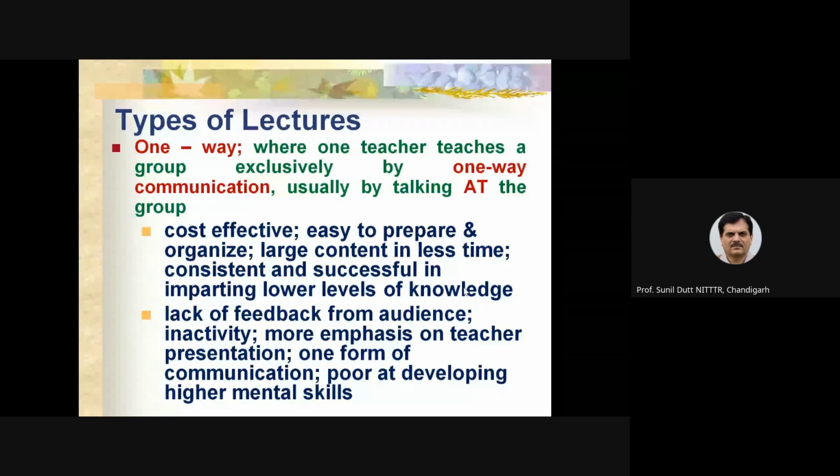Why? Because you don't require any planning or preparation, it is very easy to prepare. You can cover more content matter in less time. And basically, it is helpful in imparting the lower level of cognitive domain, that is remembering. Only remembering you are giving them.